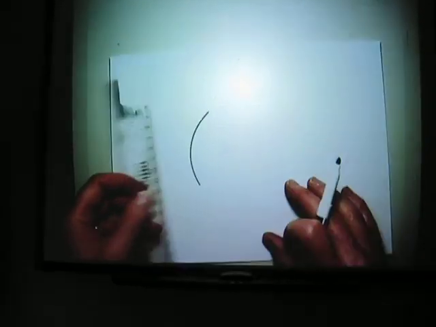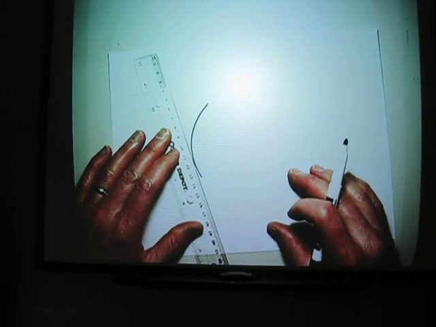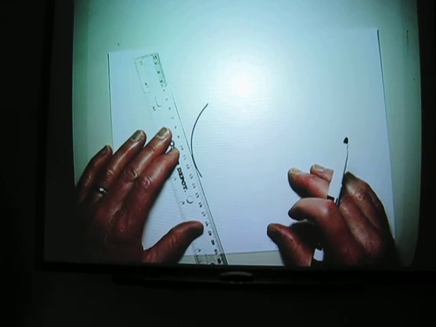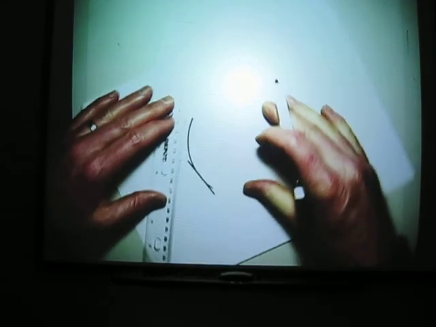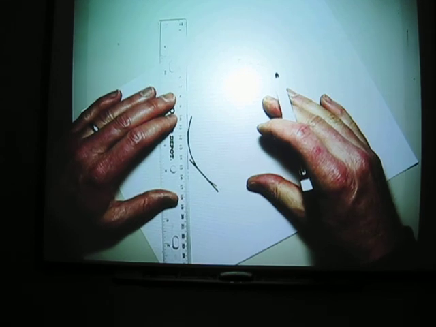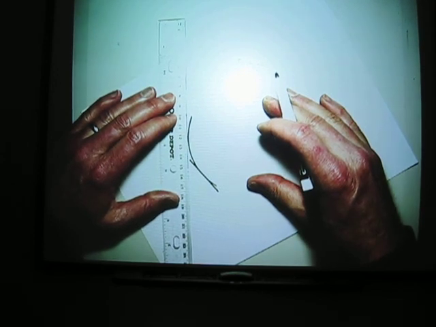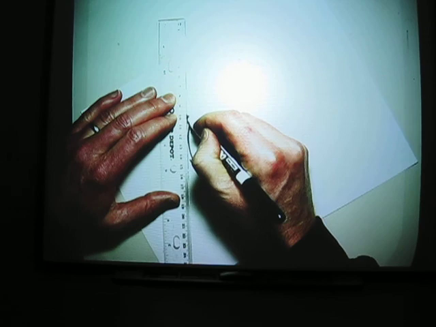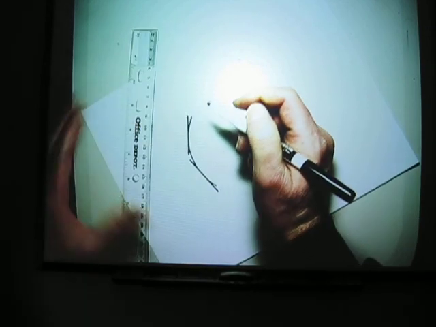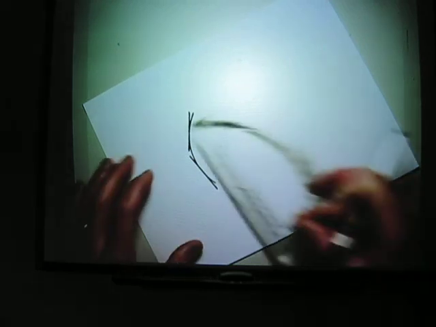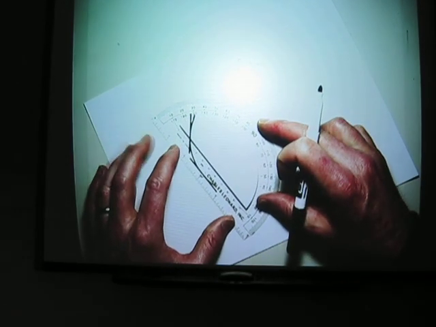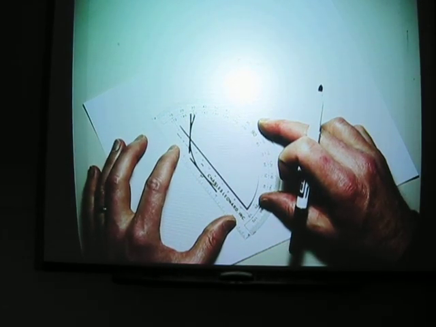I'll draw two tangent lines. I'll draw perpendiculars. And then where they intersect should be the center of that circle.